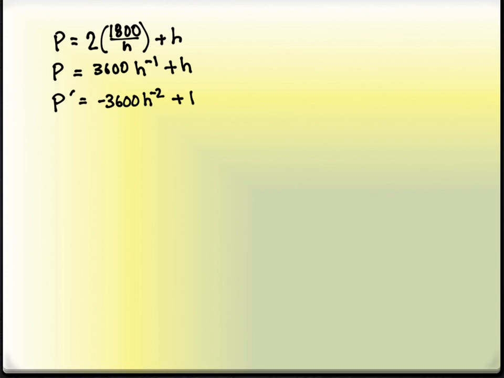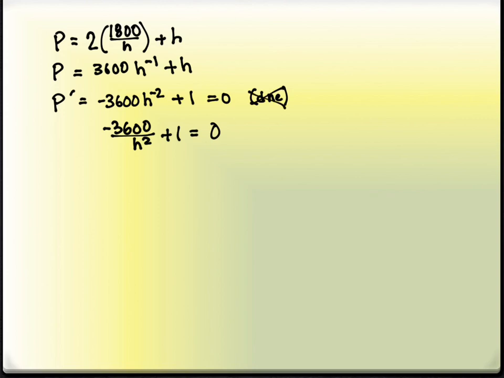All right, so we're wanting to set this equal to 0 or does not exist, right? The does not exist is really easy. The does not exist is when, well, let me rewrite it so you can see it best. If I rewrite this as over h squared, the does not exist is going to be at h equals 0, but we know h can't be 0 anyway, so I don't really have to worry about this one this time.